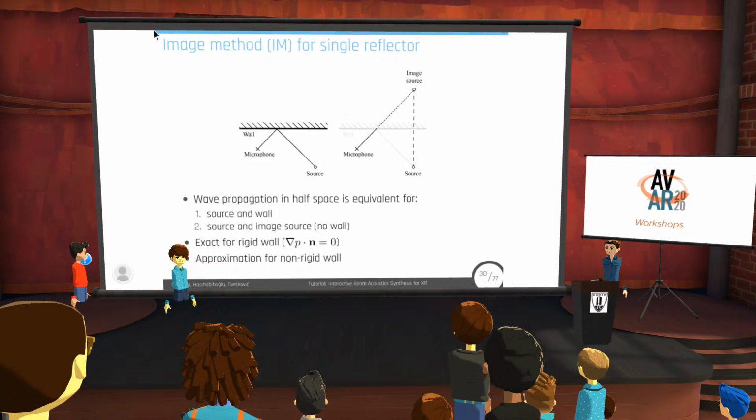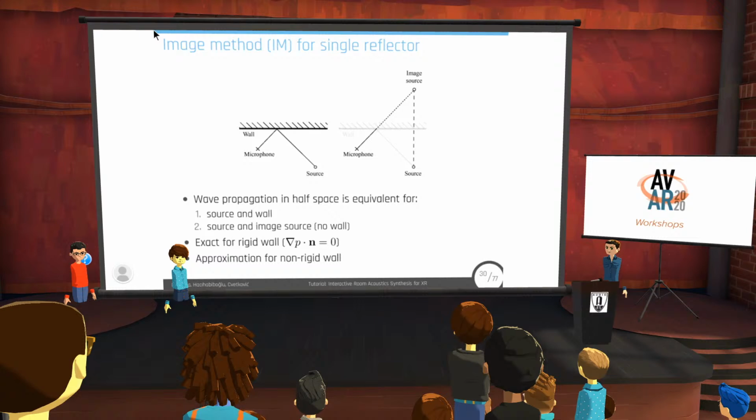So I want to start with the image method, which is a very commonly used geometrical acoustic model. The image method is based on a very simple idea: if you have a source and a wall, an infinite wall, at least as an approximation, the sound field in this lower half space is actually equivalent to having no wall and 2 sources, one of which is the mirror image of the first one.